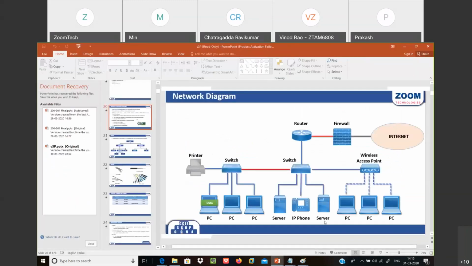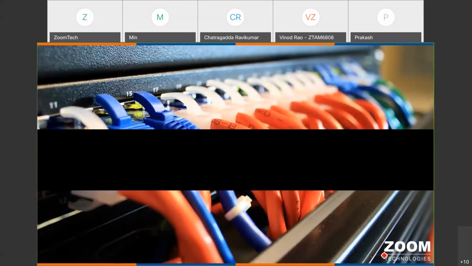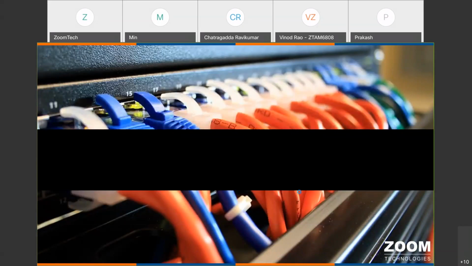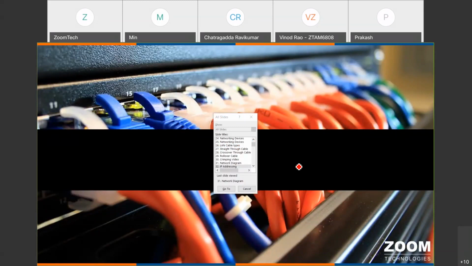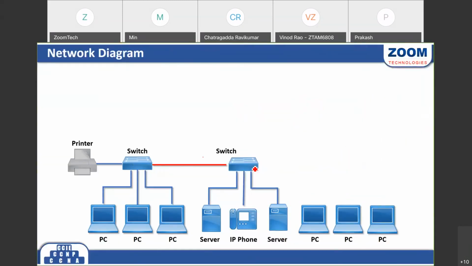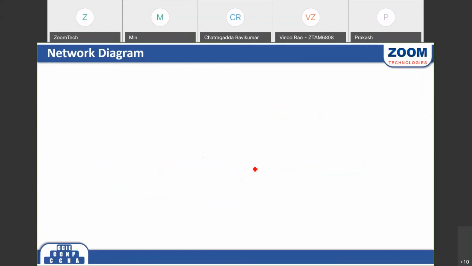We clearly discussed where we use routers, and where we use switches and firewalls.